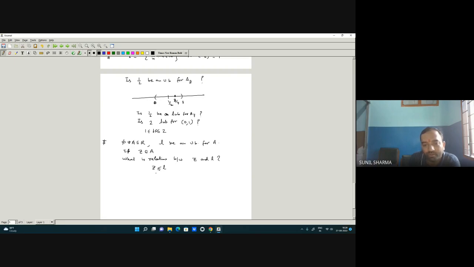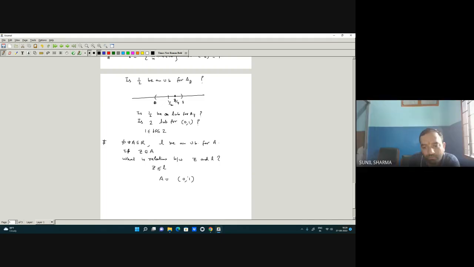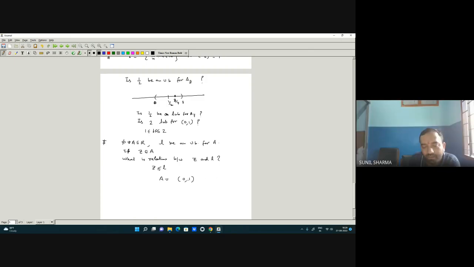So if L is an upper bound, for example, if I take set A to be the open interval 0, 1, what is the upper bound? 1, sir. So 1 is the upper bound, right? If I take any element Z, let it be 0.9, then your answer is true.